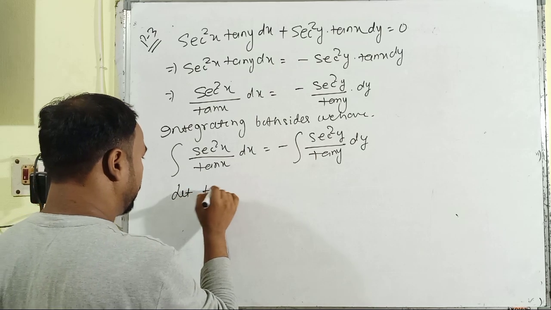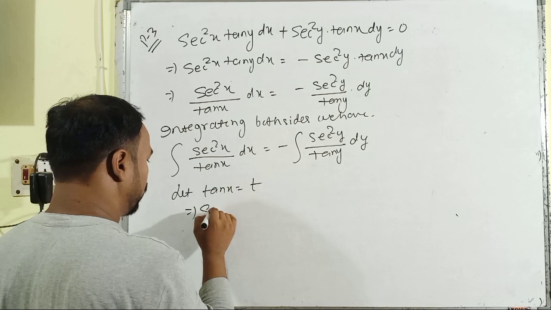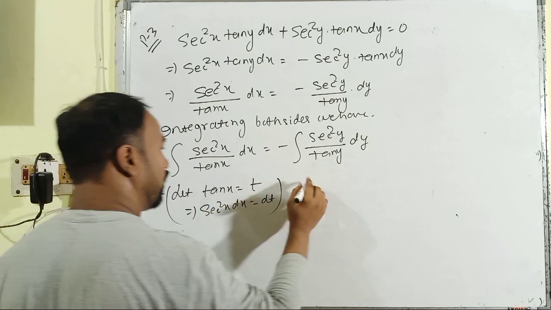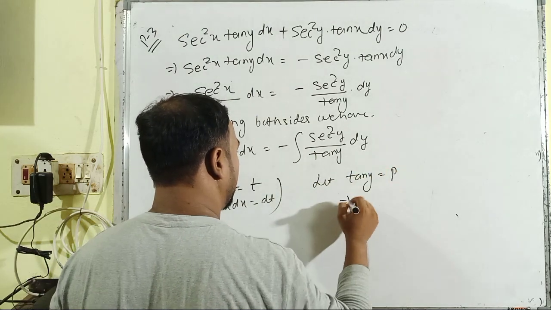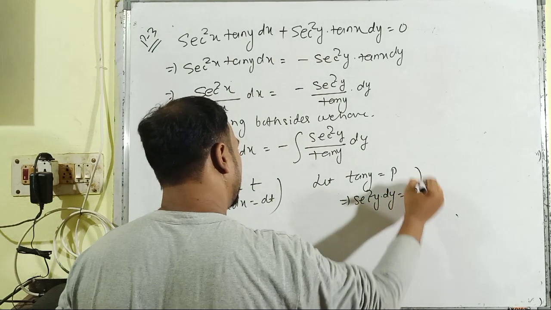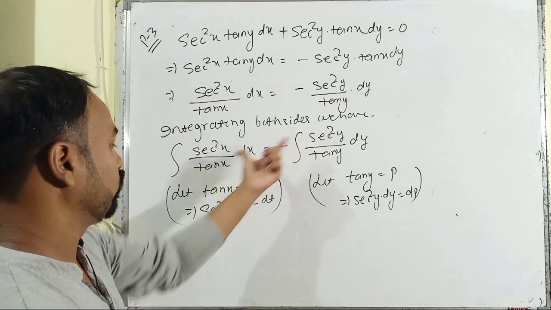Let tan x is equal to t, then sec square x dx is equal to dt, and here let tan y is equal to p, sec square y dy is equal to dp. Then we have to put these substitutions in this step.